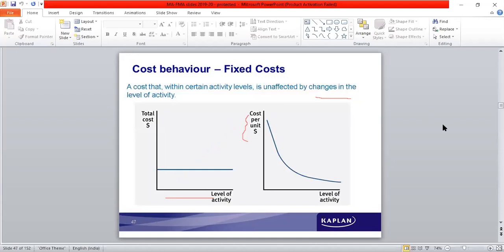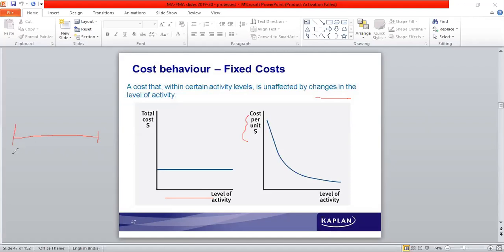Now, if we have to understand what is total fixed cost, first thing we have to understand is what is the level of activity, or there is a term called relevant range. What does it mean by range? It says that from zero number of units till the maximum capacity. But then how is the maximum capacity decided? All the resources put together, whatever is the maximum output which can be produced is mentioned as the maximum capacity.